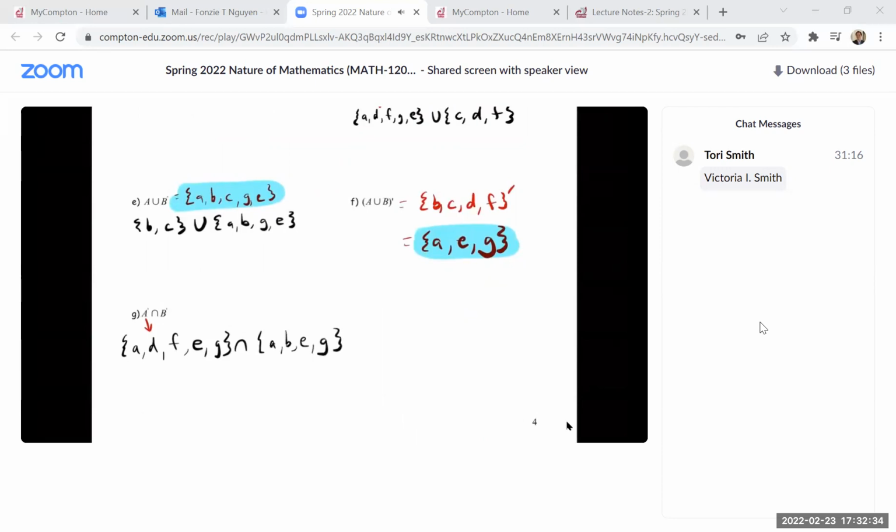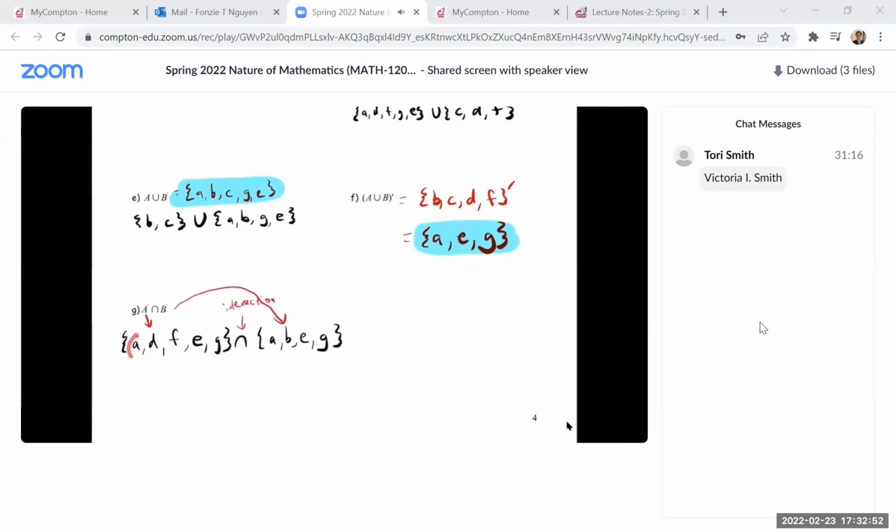All right, now between those two sets, anybody see the intersection, which means overlap? What do they have in common? A. Anything else?